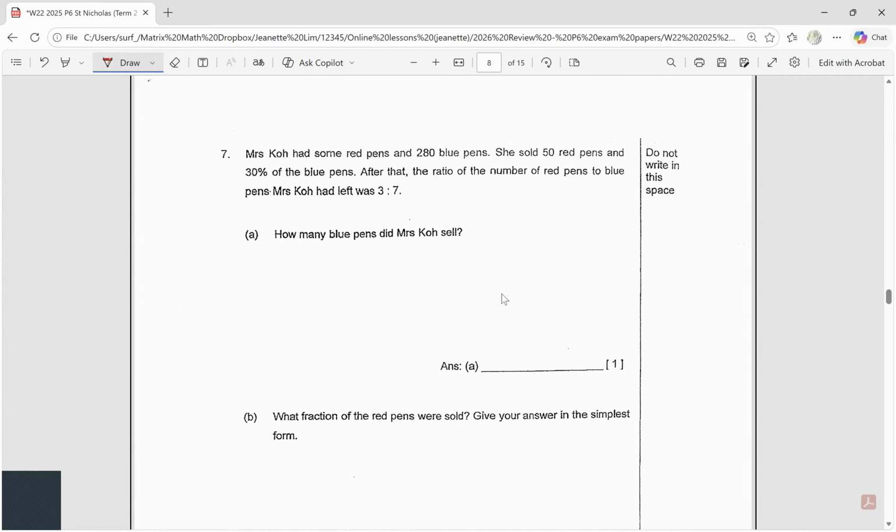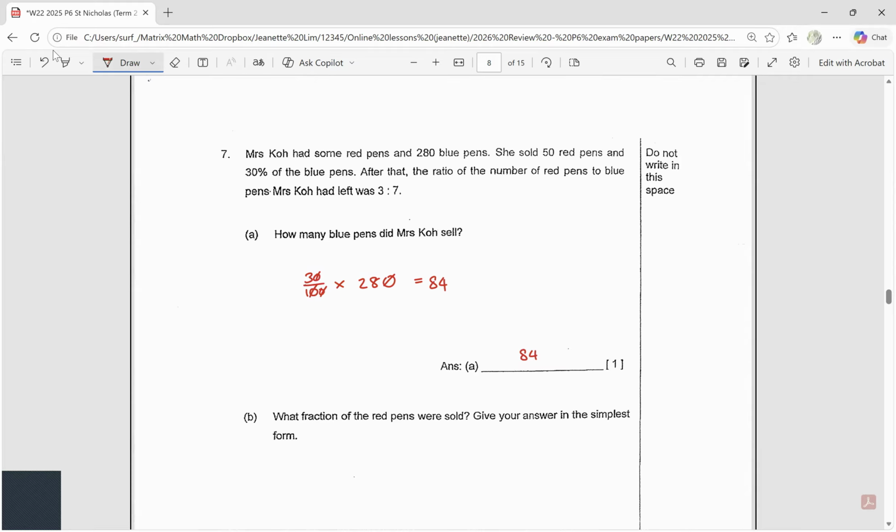She sold 30%, and the number of blue pens is 280, so we calculate 30% of 280. Cancel, cancel, so it's just 3 times 28, which is 84. So 84 blue pens were sold.